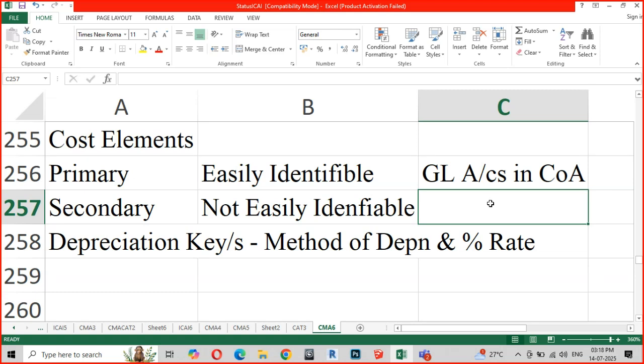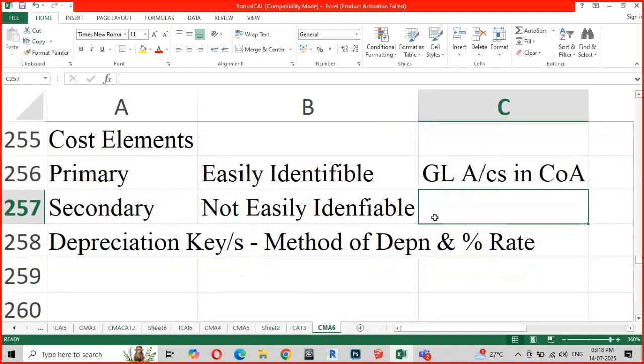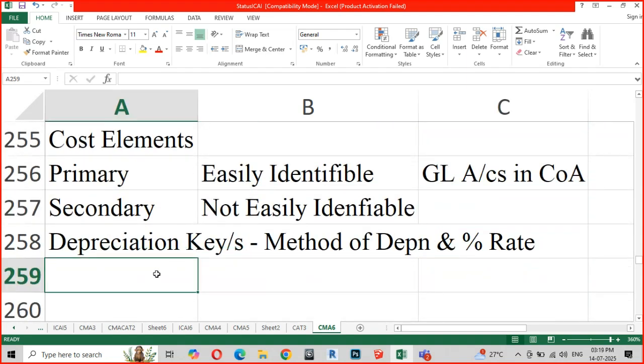Based on that information, the depreciation also increases. So all this information is provided in the structure called your depreciation key. I hope you understood.